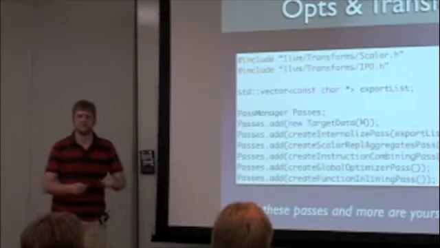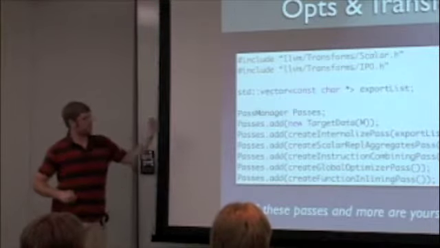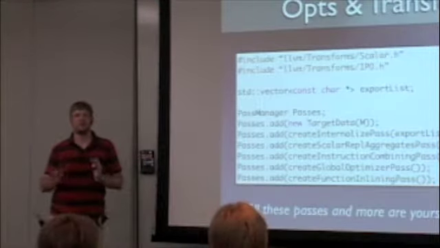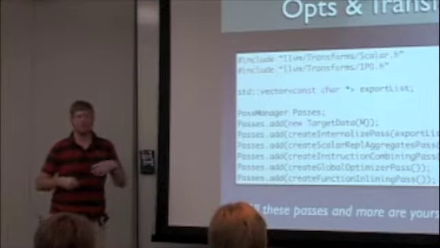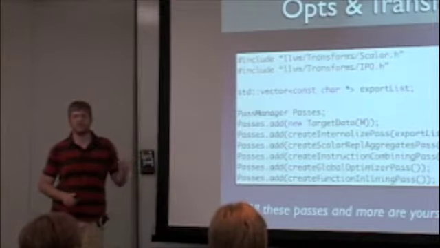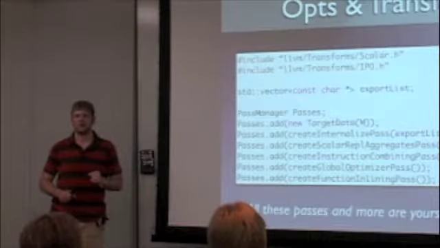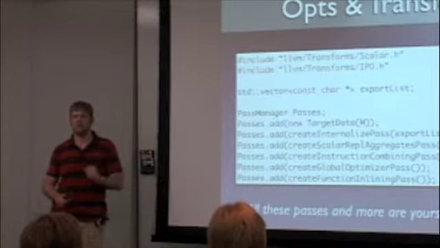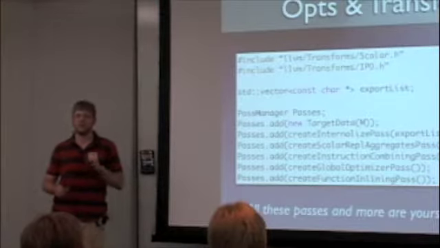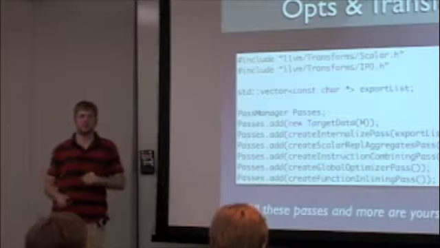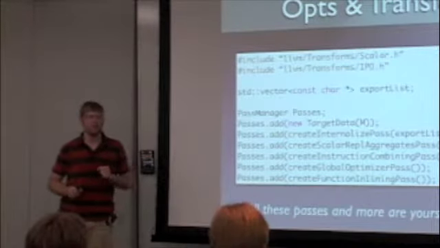So we've linked these things together into our module. We've created a global optimizer pass. This is a great one for JITs in particular because it can say, I see that the internalize pass has made this function internal. It's way too big to inline everywhere it's called, but I will change the calling convention from the standard C calling convention to my crazy fast calling convention where everything's passed in registers.